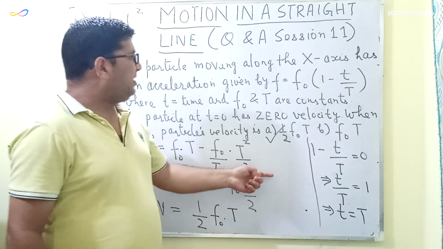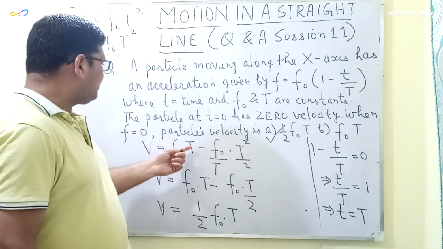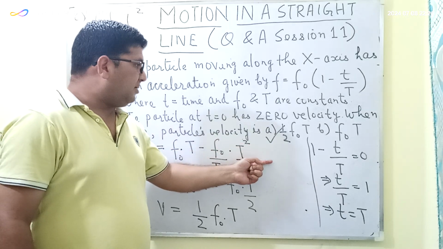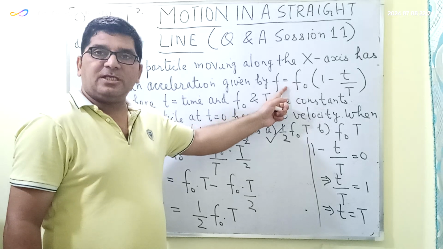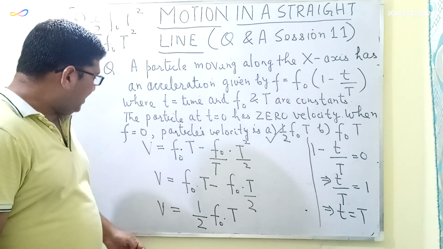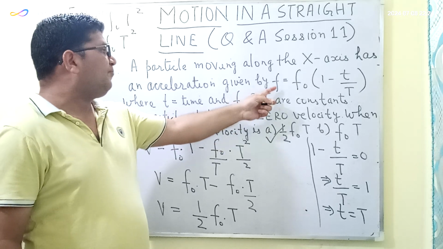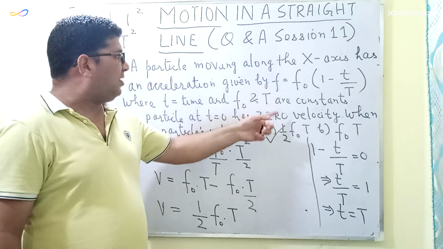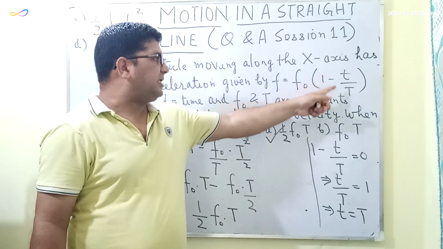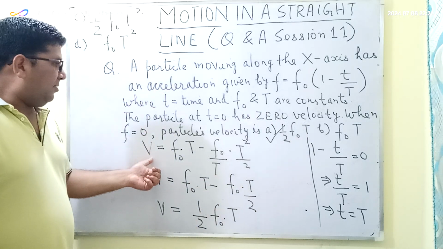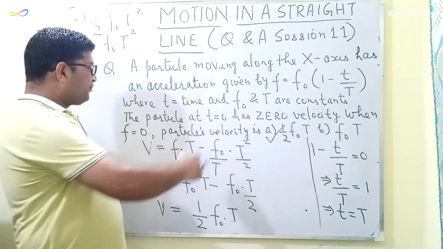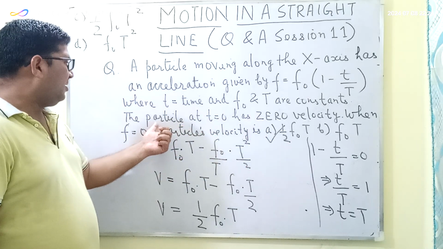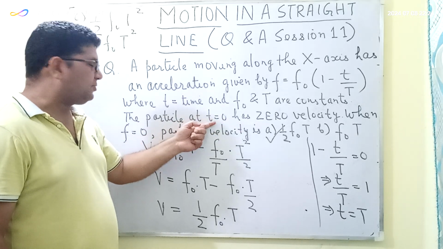So here we have been able to find the particle's velocity by integrating the function, that is dv upon dt is equal to f naught in bracket 1 minus small t upon capital T, and thereafter what we have done is that we have found the value of the constant of integration by using this condition, that is the particle is having 0 velocity at t is equal to 0.